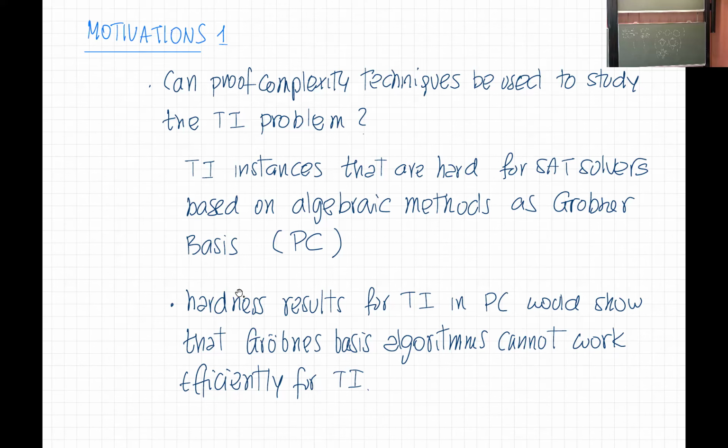The motivation for this can come from, for example, trying to understand if tensor isomorphism instances are hard for solvers based on algebraic methods such as Gröbner basis. This is important if we want to use this tensor isomorphism problem as a hardness assumption.